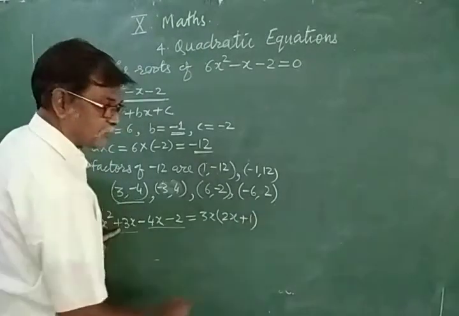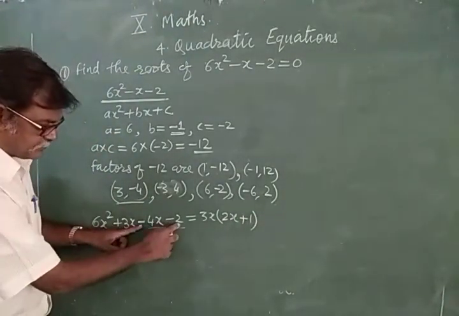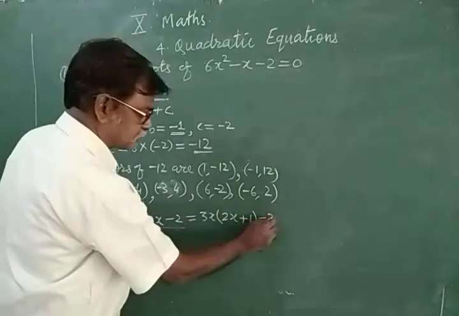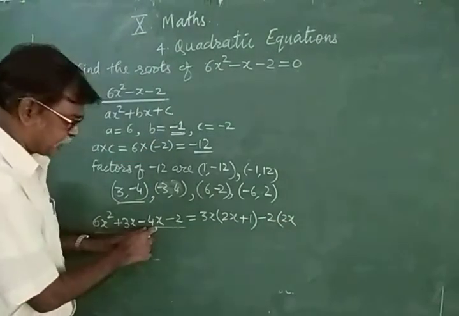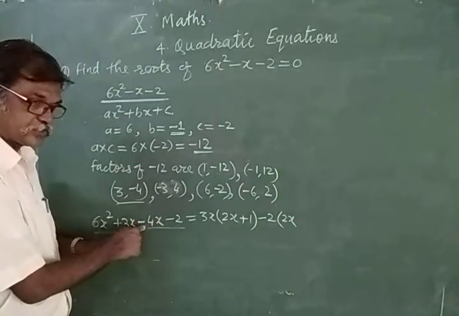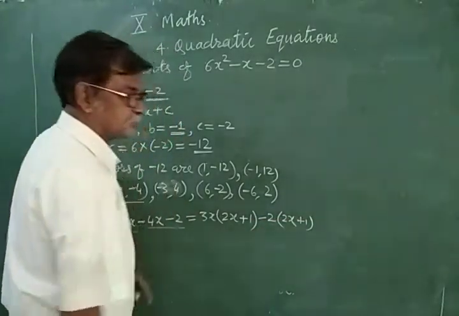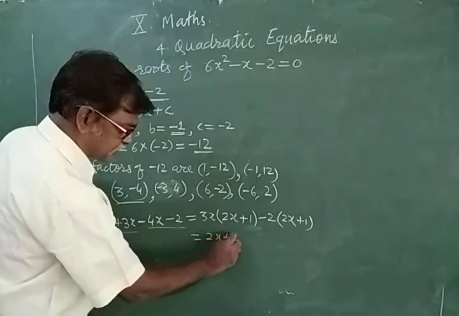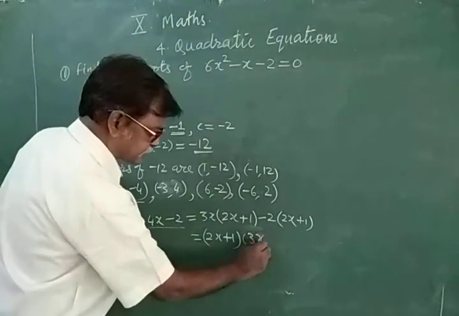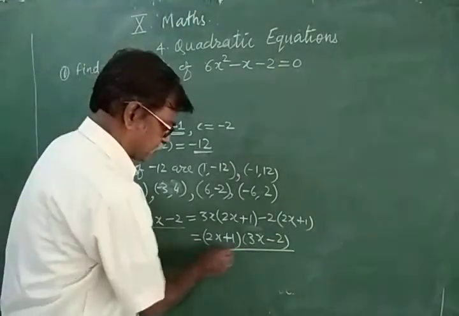From here, minus 4 and minus 2, minus 2 is common, in bracket 2x plus 1. And the factors are now 2x plus 1 into 3x minus 2. Now these factors we got.